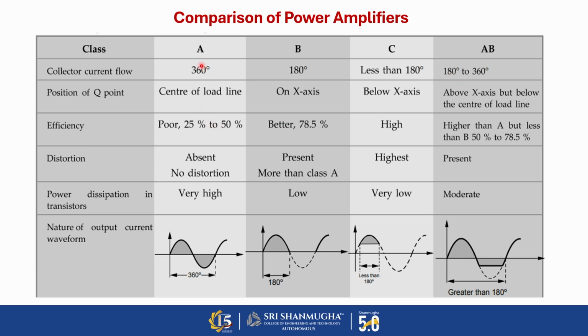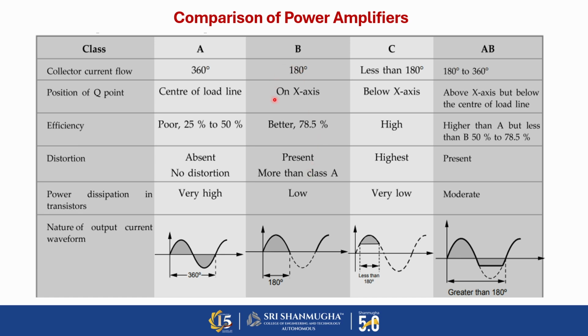The efficiency of class A is up to 50 percent, and in class B we get 78.5 percent. Compared to class B, in class C we are achieving 80 percent and above. In class AB it is higher than A but less than B, approximately 50 percent to 78.5 percent. Regarding distortion, there is no distortion in the class A amplifier, and in class B a slight distortion takes place at the output.